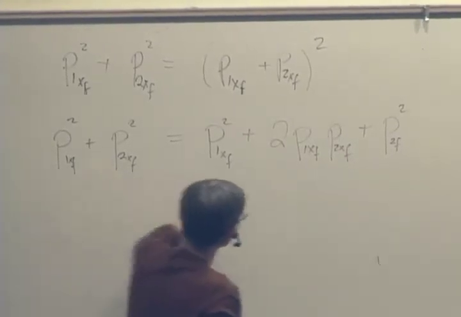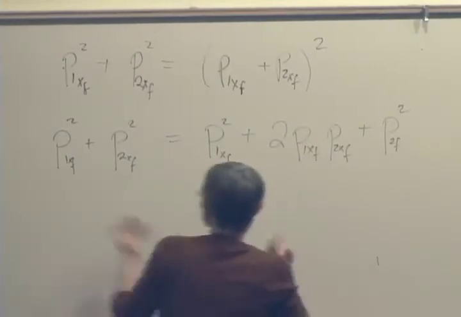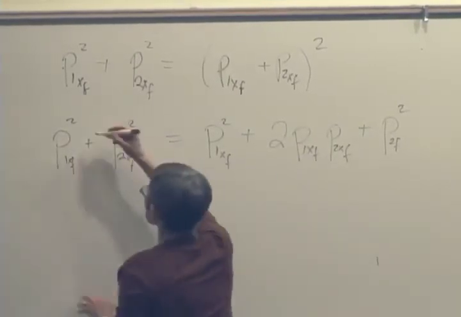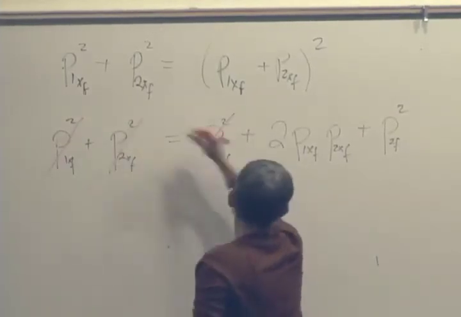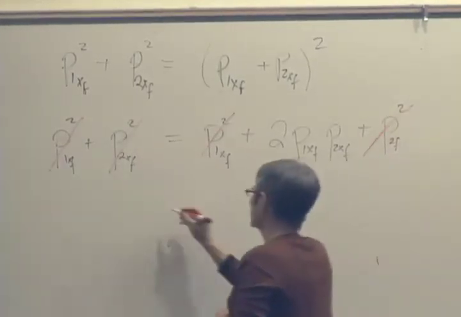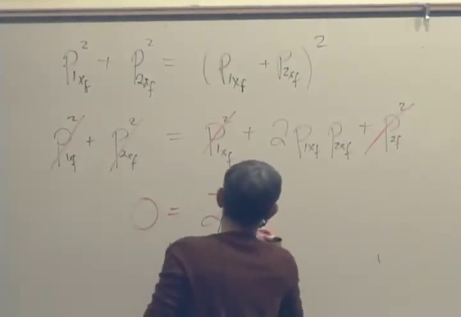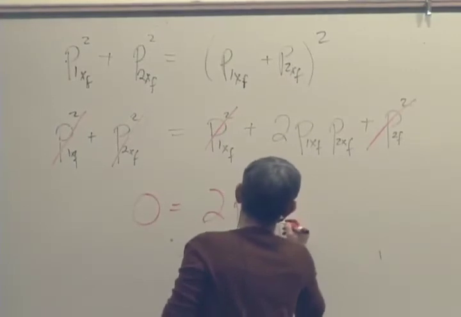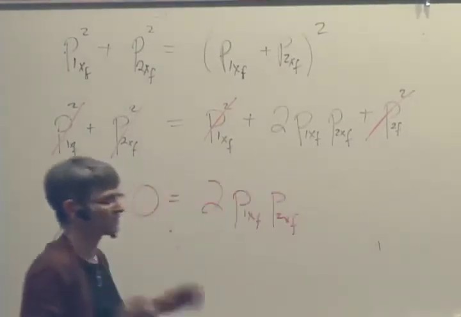Because we got these terms on both sides of the equation, right? So we subtract them from each side. And we're left with 0 equals 2 times P1x final, P2x final.